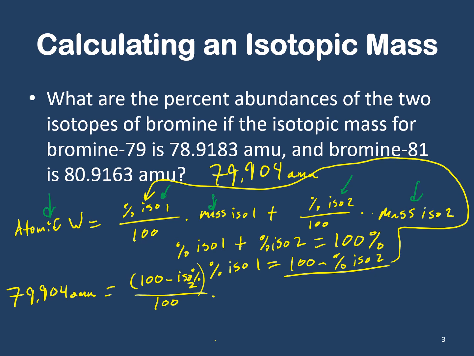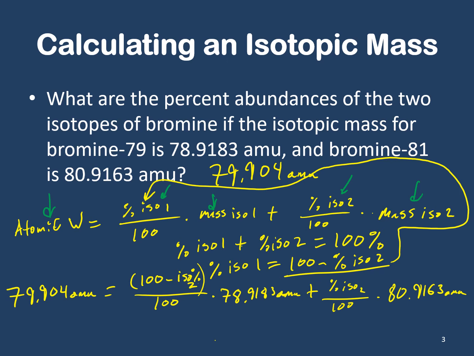I'm going to say isotope 1 is 79, so 78.9183 atomic mass units, or AMU, plus percent of isotope 2 over 100 times the other isotopic mass, 80.9163 AMU. All right, so if we look at this, then I have one unknown variable, isotope 2, and now it's pretty much algebra.